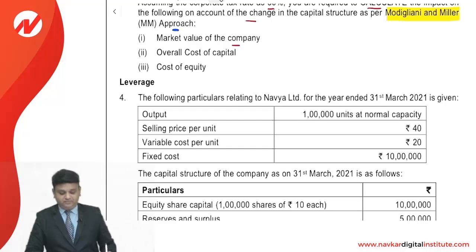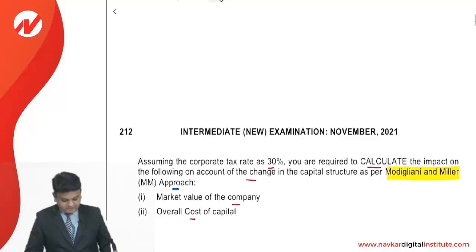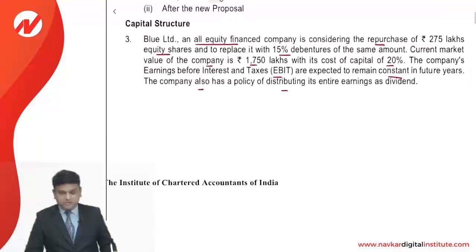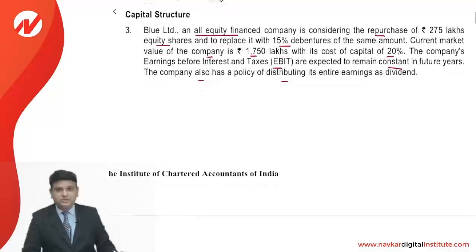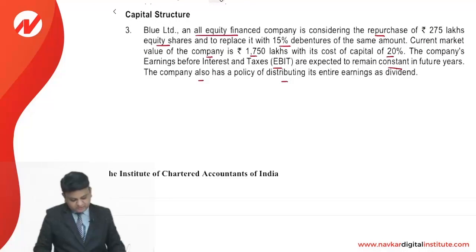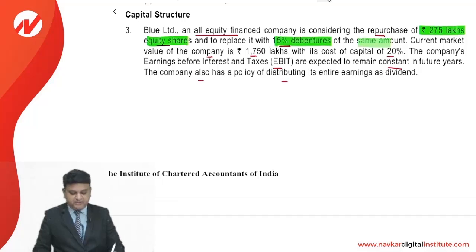Market value of the firm, weighted average or overall cost of capital and cost of equity. These three things are required to be calculated. So friends, over here information is given that it is an all equity finance company, so the weight of equity is 1. It is considering repurchasing 275 lakhs of the equity shares and replacing with the 15% debentures of the same amount.